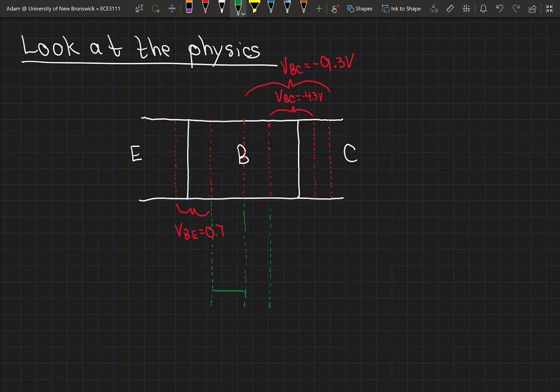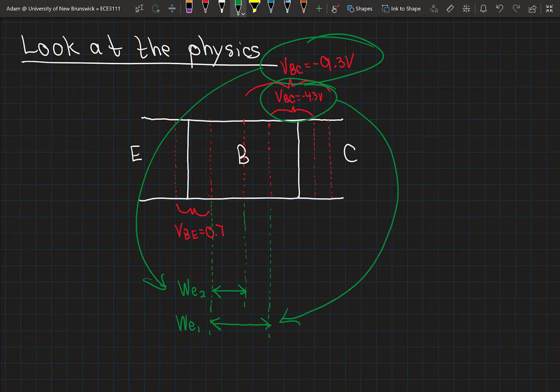So we have an effective base width here that corresponds to a reverse bias of 9.3 volts, and we have another, wider base width that corresponds to a reverse bias of minus 4.3 volts.